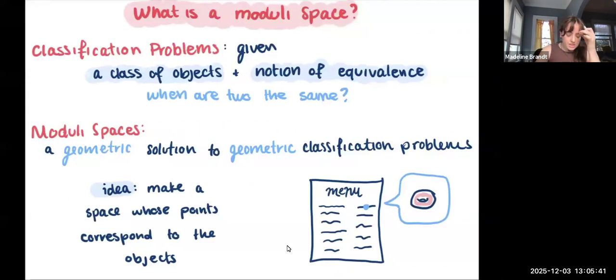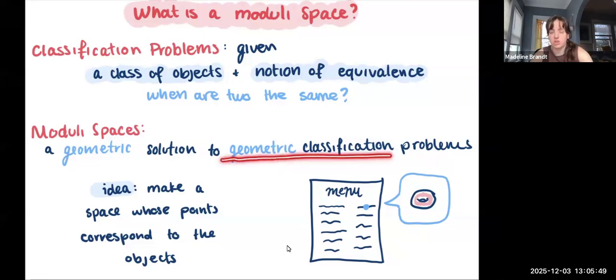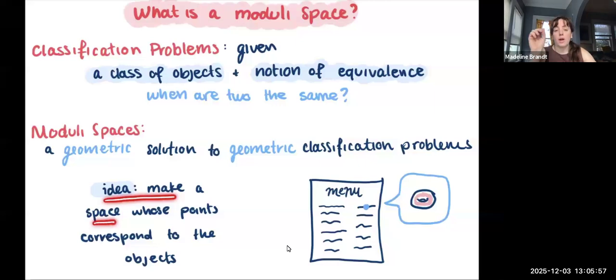Moduli spaces offer a geometric answer to this question in the case when you have a geometric classification problem. The idea is to make a space whose points actually correspond to equivalence classes of the objects.